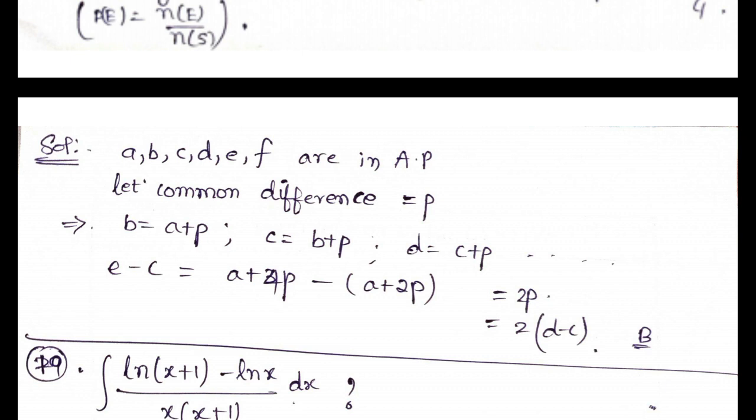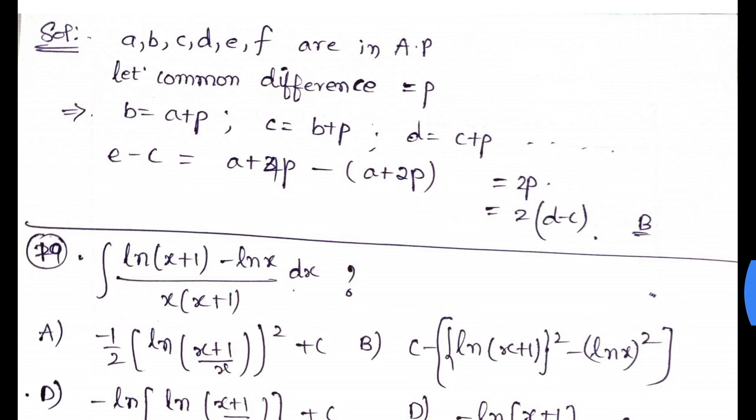We already know that E is the fifth term, so E can be written as A plus 4P, and C is the third term, it can be written as A plus 2P. Subtracting these two terms, we get the value 2P, where P is the common difference between each two terms, that means D minus C, which is the second option.